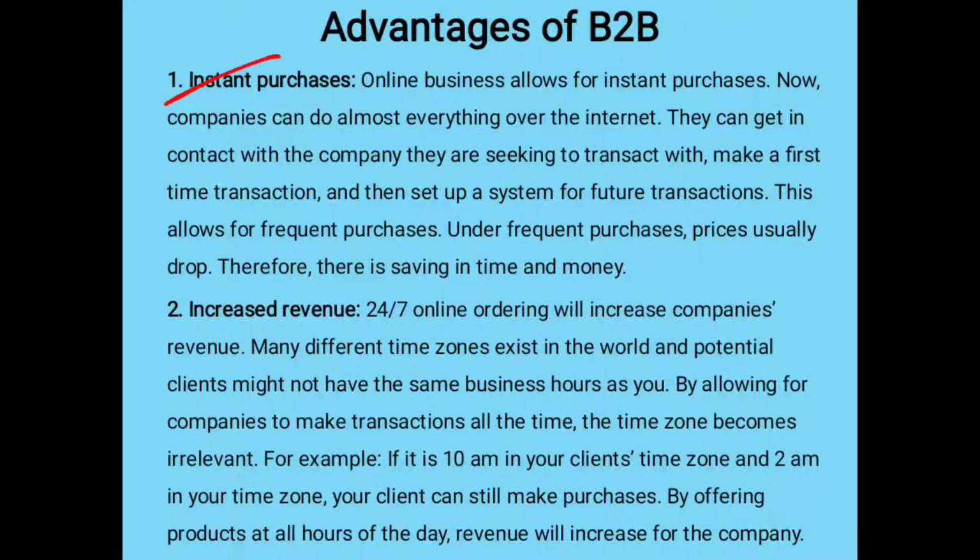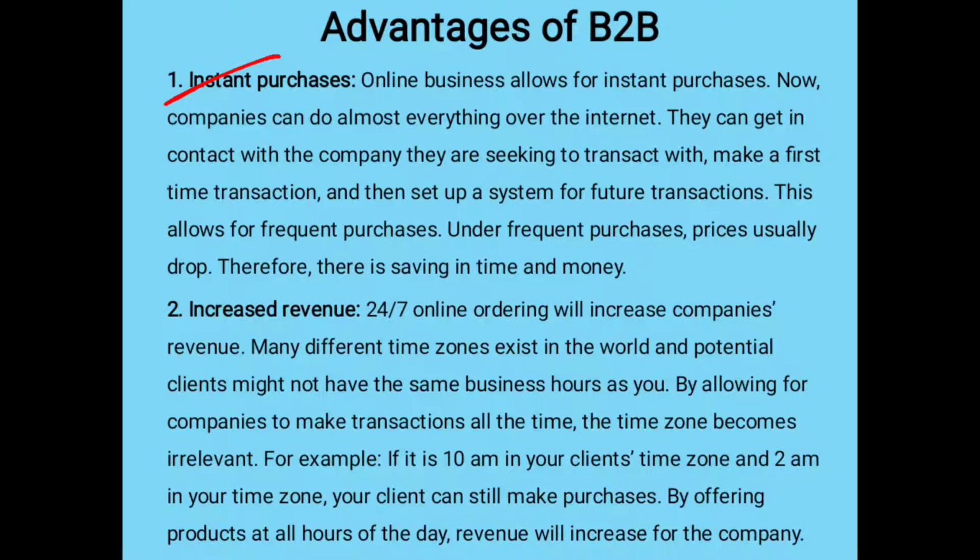So instant purchase could be done, because once you set up a website or some connection through the electronic medium, then automatically your transactions are done very easily. Then increased revenue, so the revenue also is increasing. 24 into 7 online ordering will increase company's revenue.